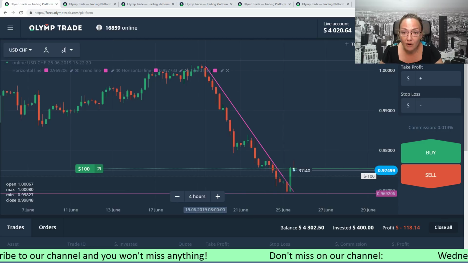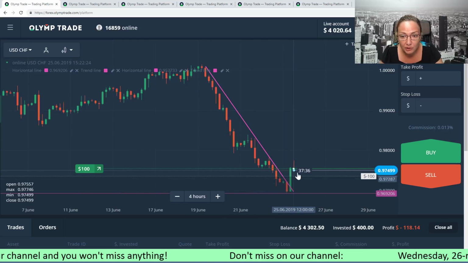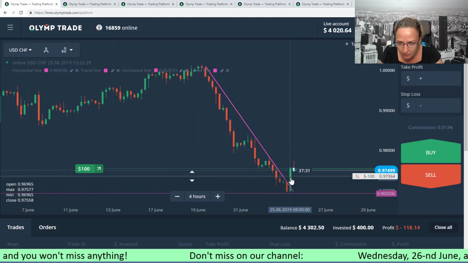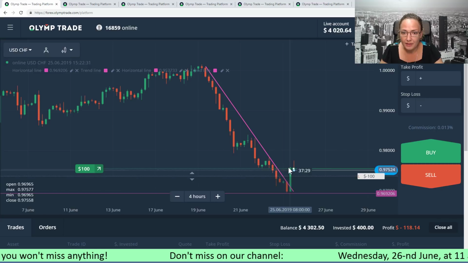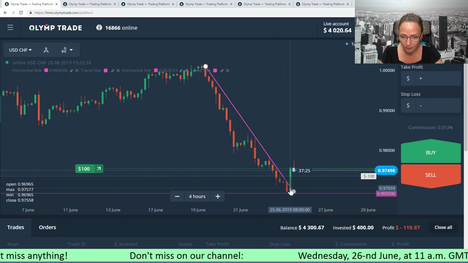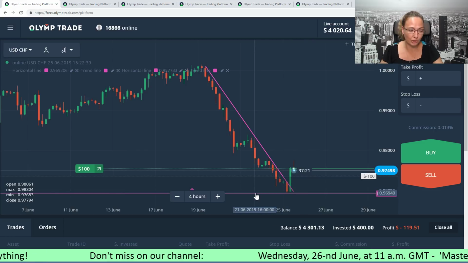So basically, right here we have a fantastic breaking of the trend line to the upside, and this is a confirmation that it completely engulfed the previous bearish candle. So this is our bullish engulfing.